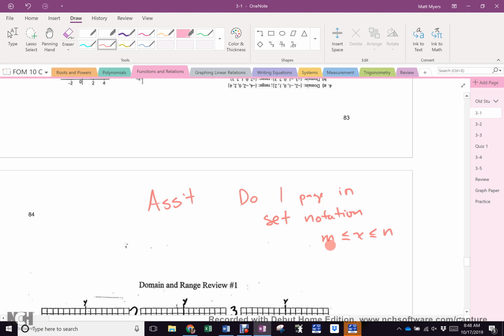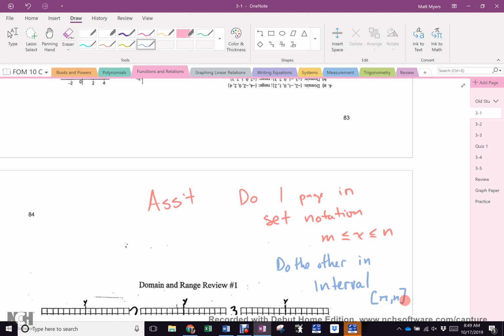And then the other page in interval notation. So bracket m comma n brackets. I don't care which page you do for which, because I'm going to show you both answers to all 12 questions. All right? Now, remember, you can't always use set and interval notation, can you?